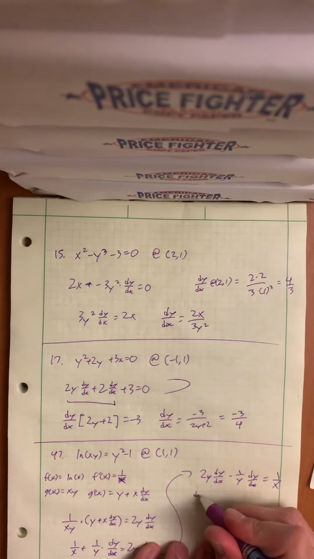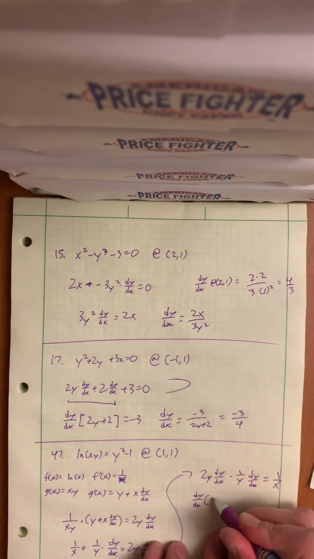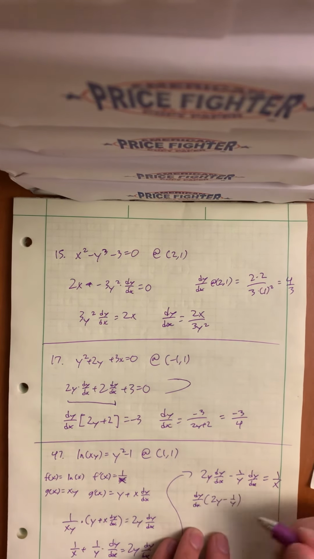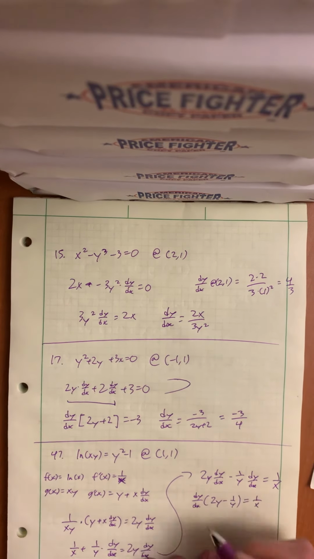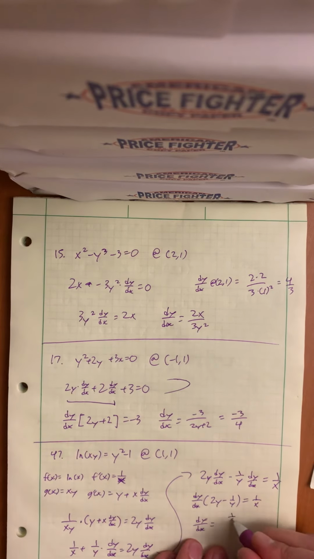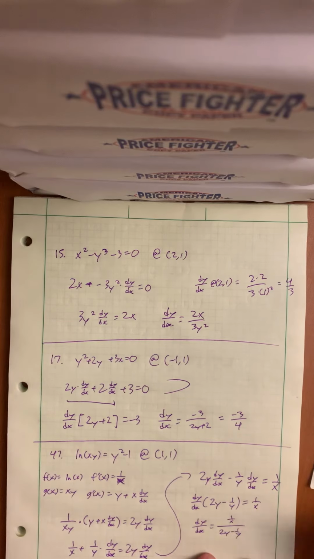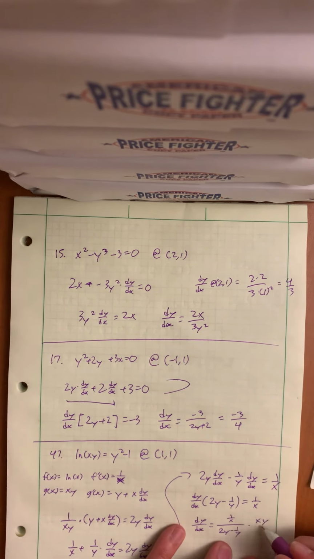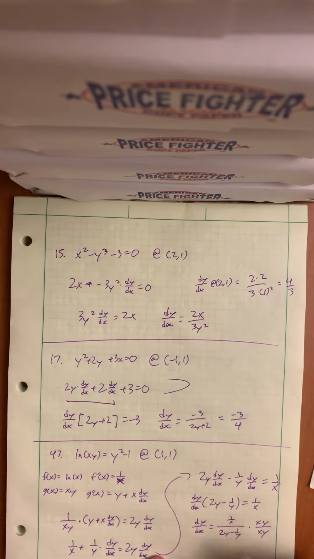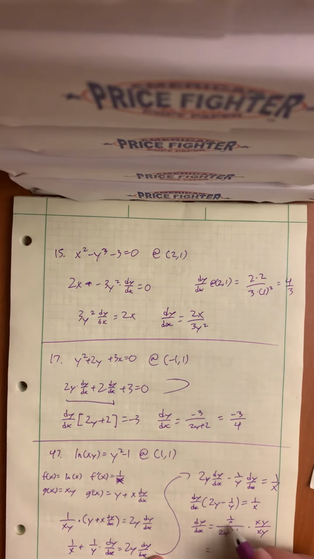I'm going to factor out dy/dx to get 2y minus 1 over y. So now dy/dx is equal to 1 over x over (2y minus 1 over y). And obviously we don't want denominators in our numerator, so I'm going to multiply by the lowest common multiple, xy, and get y over 2xy squared minus x.